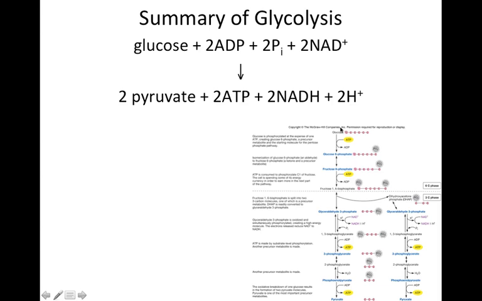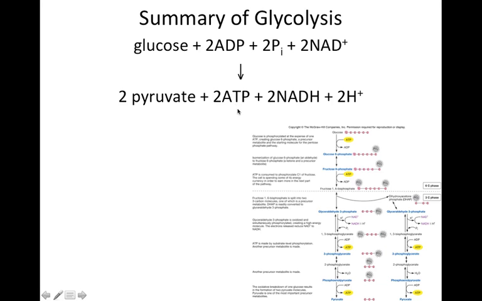In breaking down glucose, a 6-carbon molecule, into 2 3-carbon molecules, pyruvate, you generate 2 pyruvate from 1 glucose. You get 2 ATP and 2 NADH.